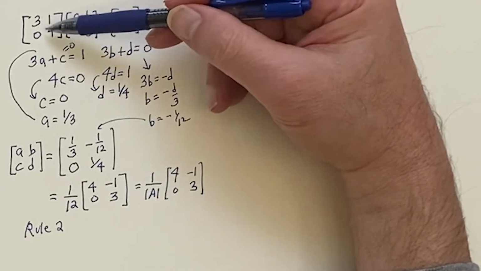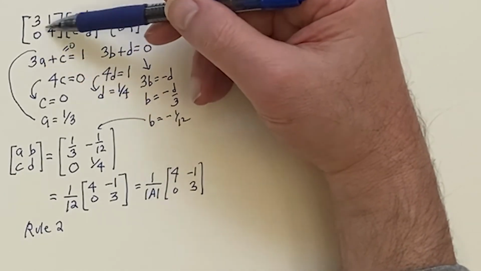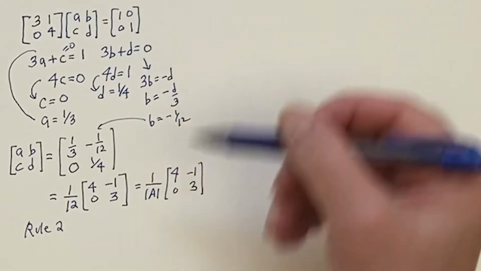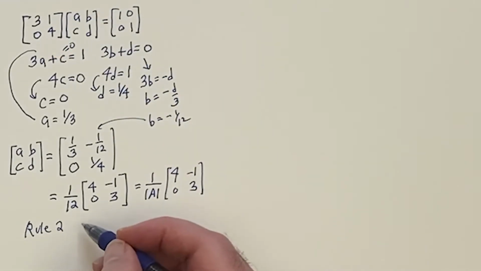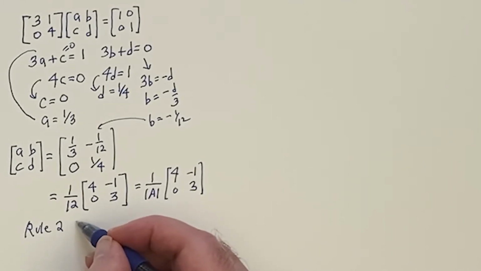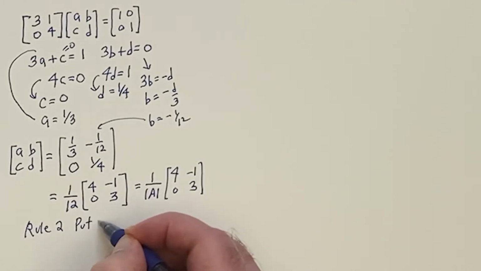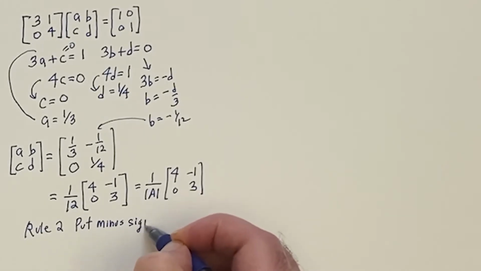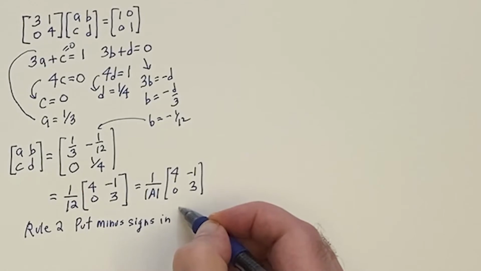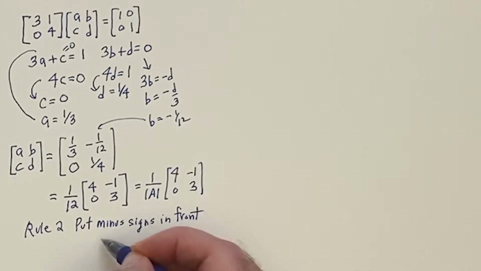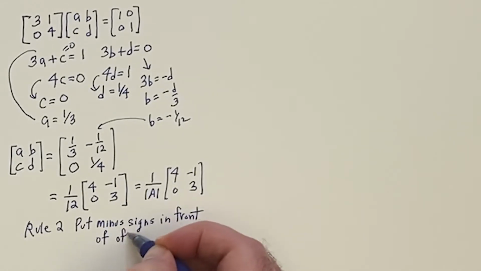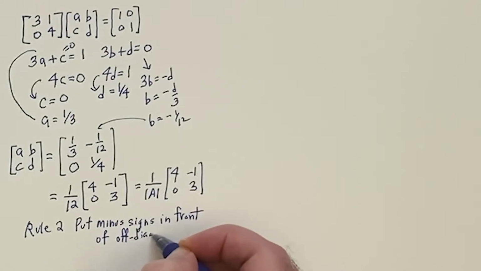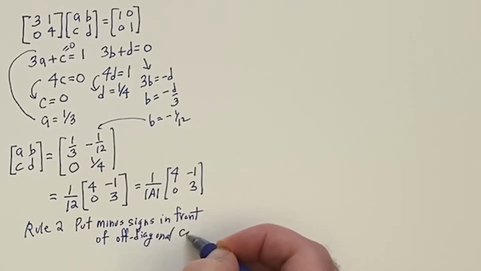Now, I'm not proving that, but if I had one down there, actually it would have the minus 1 down there. So I'm going to just go ahead and state this rule without a rigorous total proof and say that you put minus signs in front of off-diagonal components.